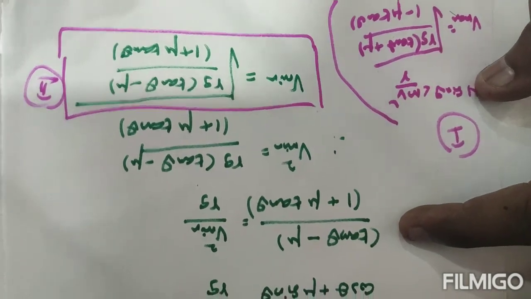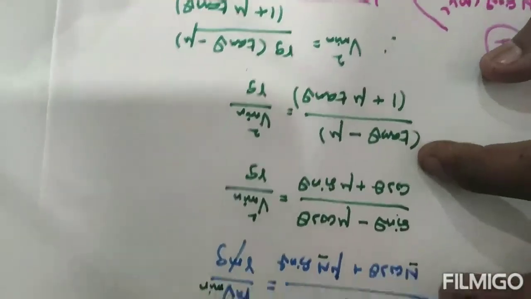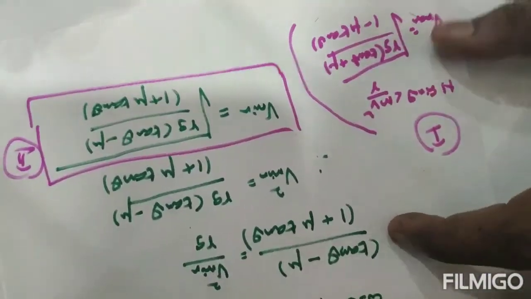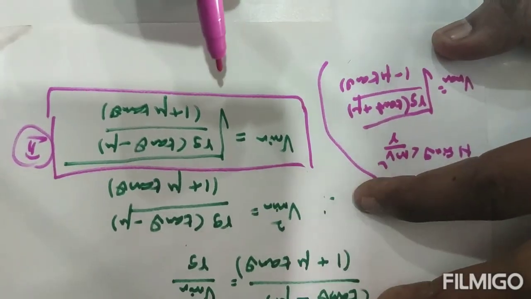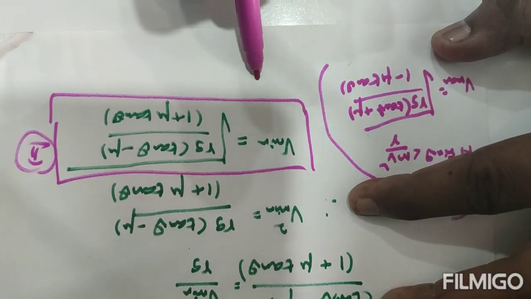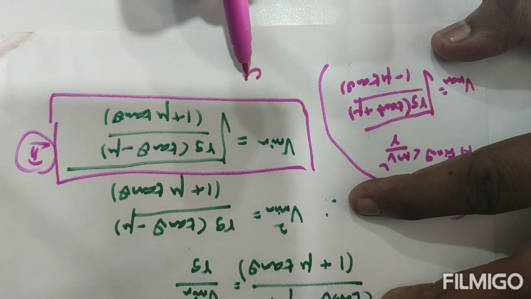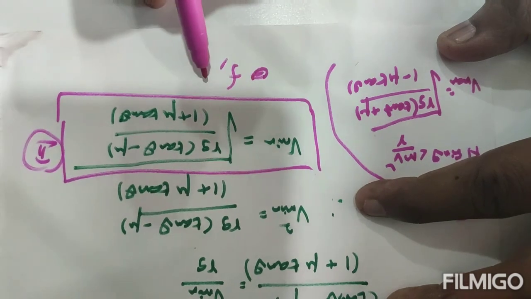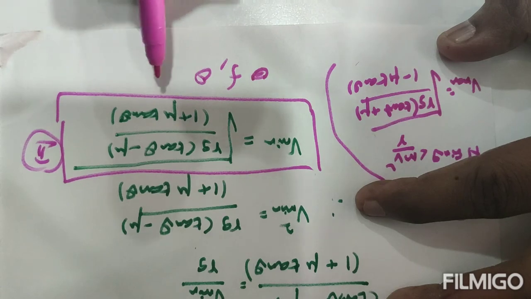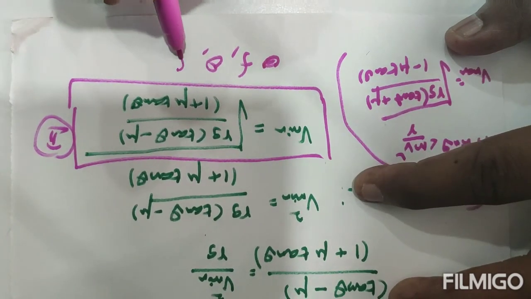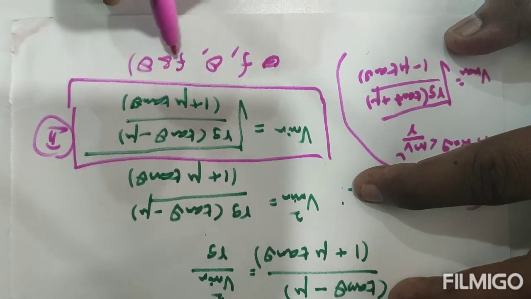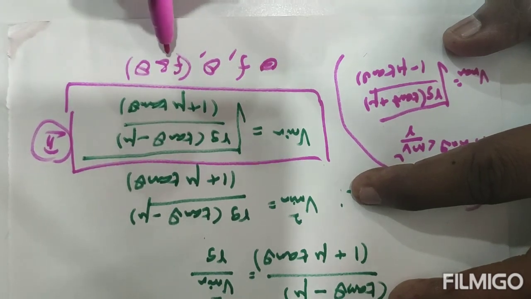Okay students, I hope you understand the three models. We found the safest velocity for different cases. The first case, only the friction; second case, only the angle; the third case, the friction as well as the angle. Here also we discussed two models.